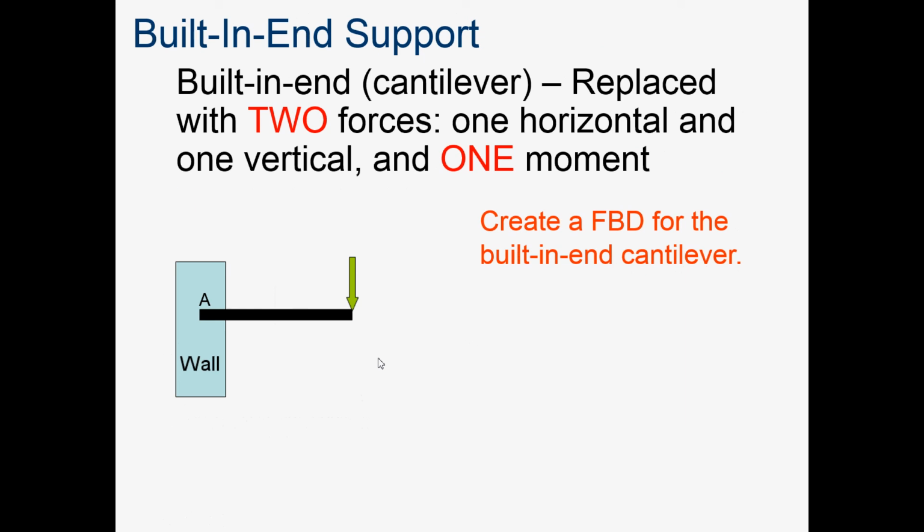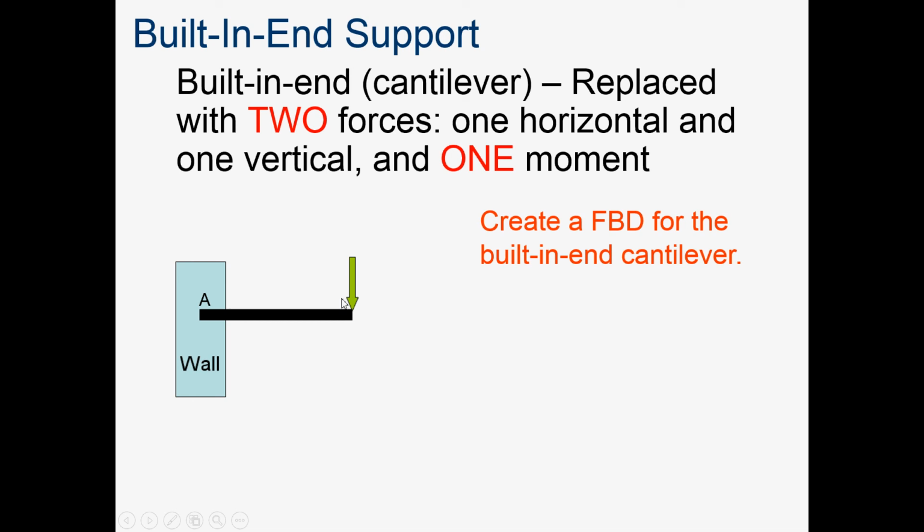The last type of connection, and this is actually the only time we're going to look at this one in this class, is what's called a cantilever connection. This would be similar to a diving board where it's only held at one end. Imagine you're standing on a diving board. If I push down on the diving board, this keeps it from moving down into the pool. If I push horizontally on it, this keeps it anchored.